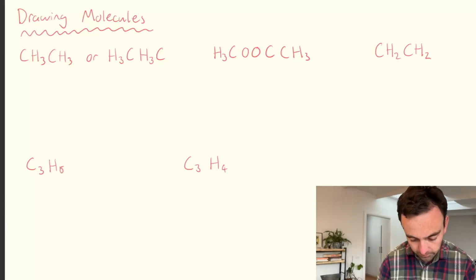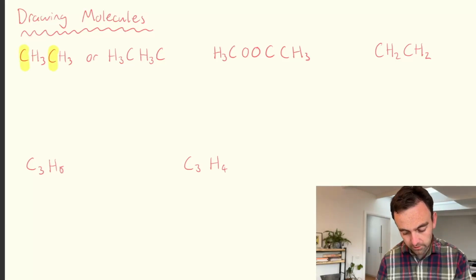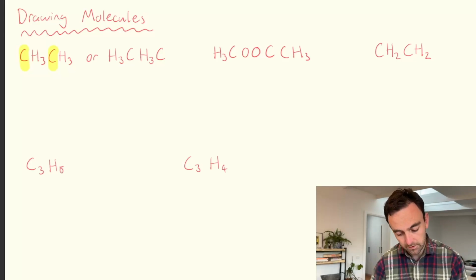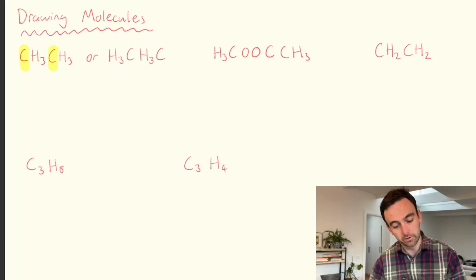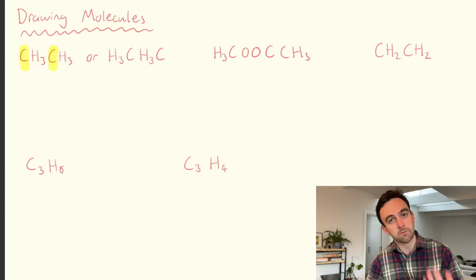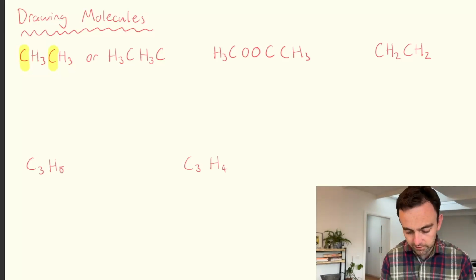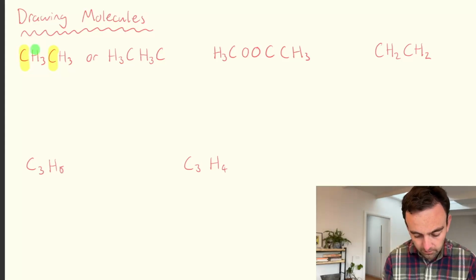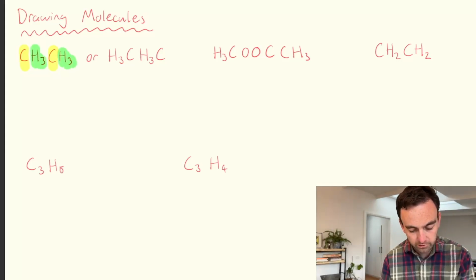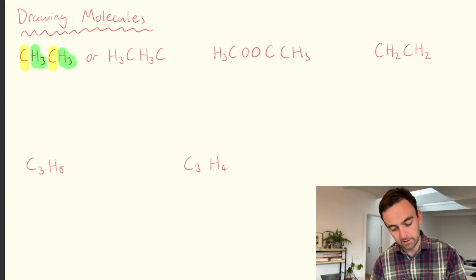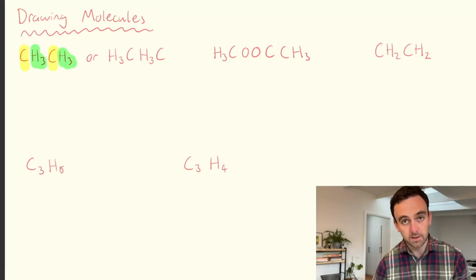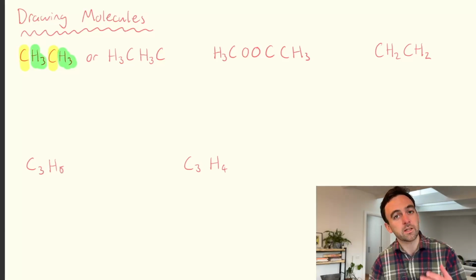So if we look at the first one, we have these two carbons here, and we're just interested in what's bound to them. Again, they each form four bonds, so each of them has to be bound to four things. You can see just by looking at it, even with that simple highlighter, that these hydrogens to the right of that carbon are going to be bound to it. There are three of them, and it's easy with hydrogen because they can only bind to one thing, so they can't be bound to each other.